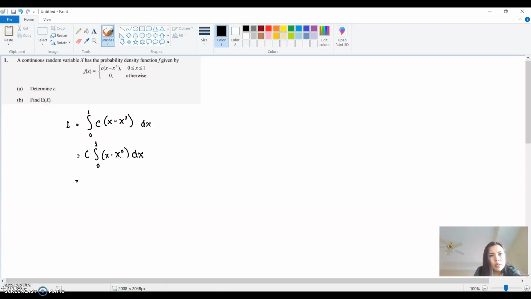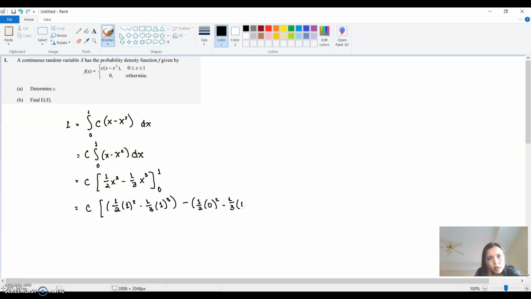Now, integrate x minus x squared, that gives us 1/2 x squared minus 1/3 x cubed from 0 to 1. That equals 1. So, when we plug that in, c times 1 over 2, 1 squared minus 1 over 3, 1 cubed, minus 1 over 2, 0 squared, minus 1 over 3, 0 cubed.